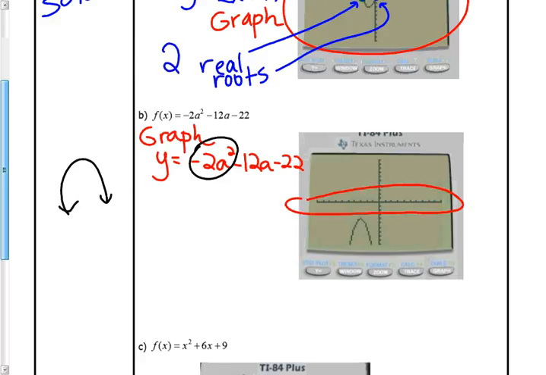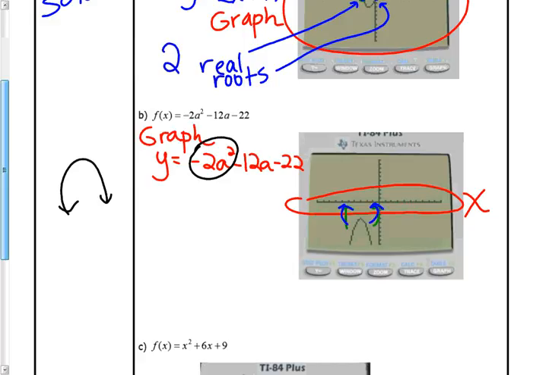Now remember before we said the solutions, which are also known as x-intercepts, are wherever they cross the x-axis. So this graph here never even touches the x-axis. So do we have any real roots? Do we have any solutions? Do we have any x-intercepts?